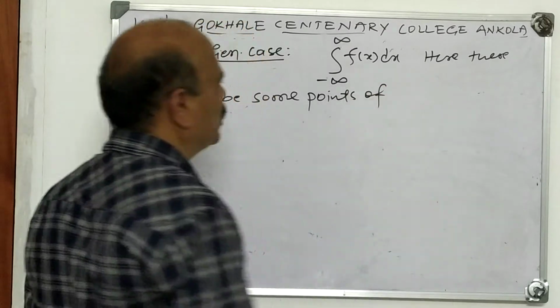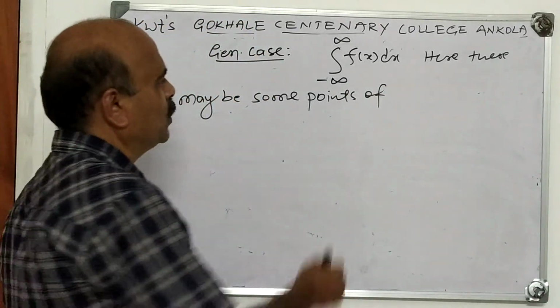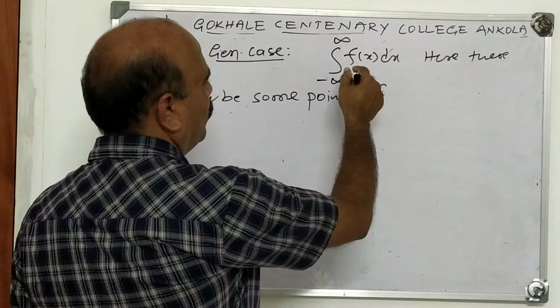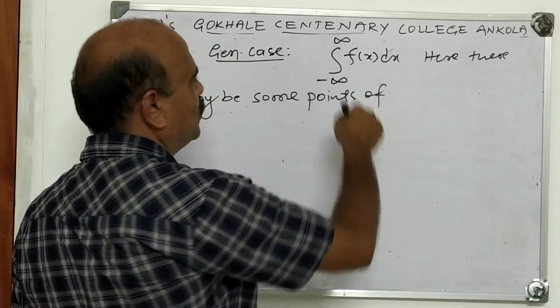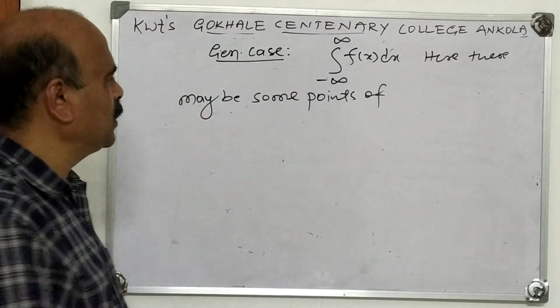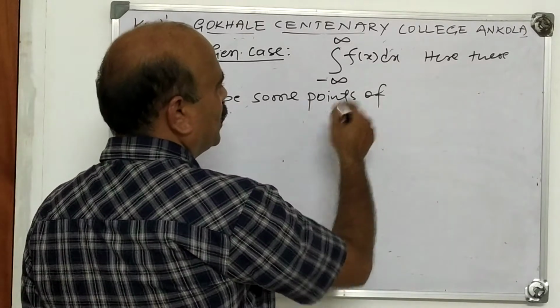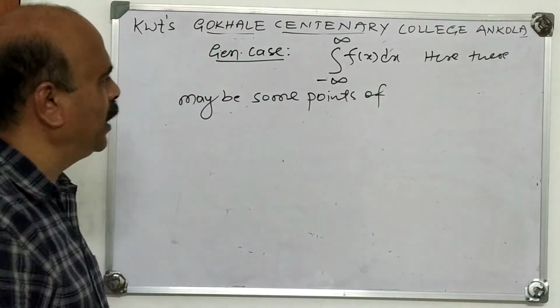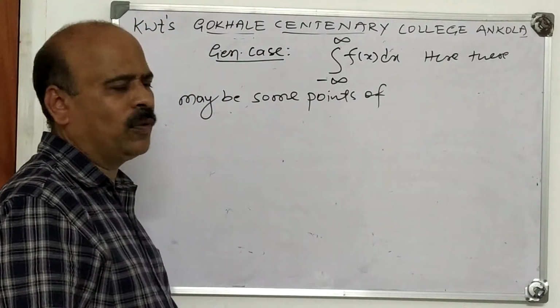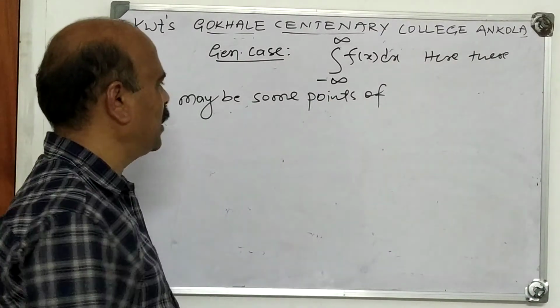What do you mean by points of discontinuity? If the function is unbounded at some point in between minus infinity and infinity, then it is not bounded in any neighborhood of that point. That is called a point of discontinuity.